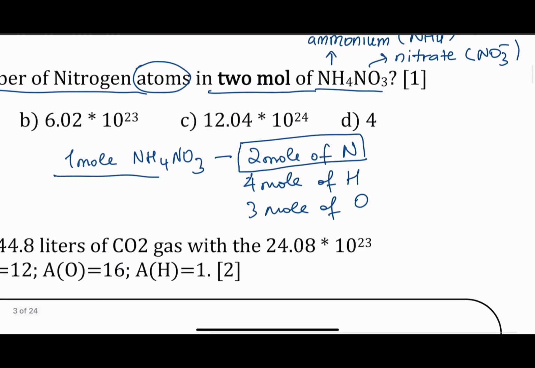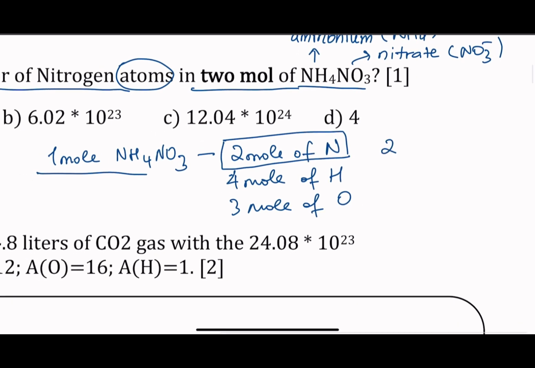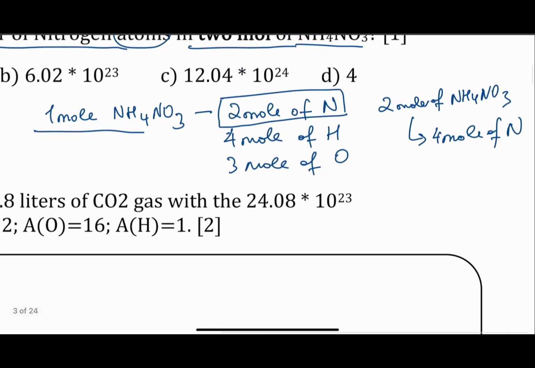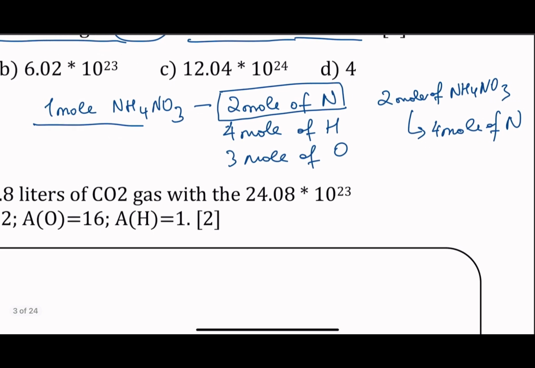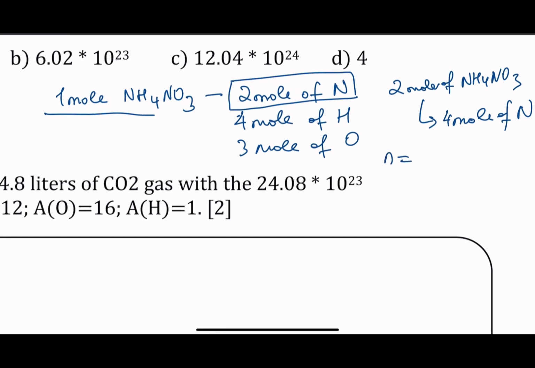So for 1 mole you have 2 mole of nitrogen, and for 2 mole of NH4NO3 you have 4 mole of nitrogen, and this 4 mole is gonna be equal to the following number of atoms. You know the formula is n equals number of particles divided by Avogadro number.